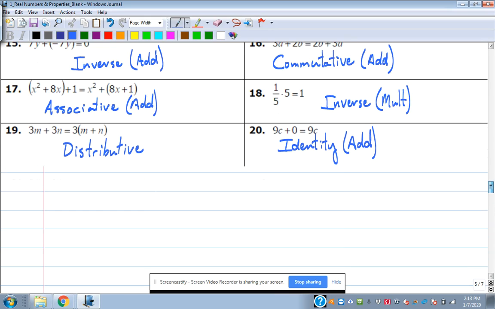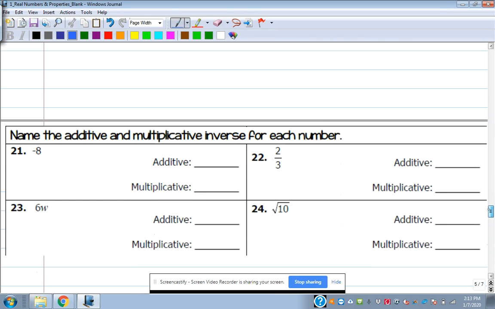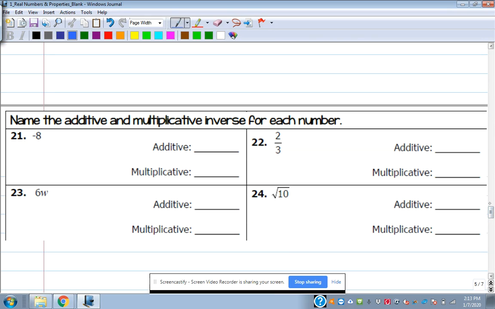All right, to help improve that inverse idea, let's look at these 4 problems real quick and see if we can get the additive and the multiplicative inverse for each one of those. So that's all we're looking for, not really doing anything else to it. So what would be the additive inverse? Yes, positive 8. Good job. What would be the multiplicative inverse?